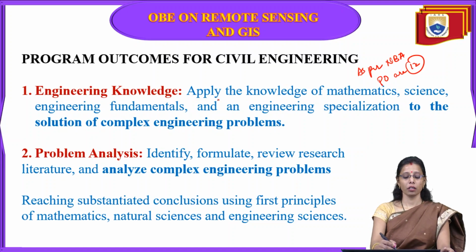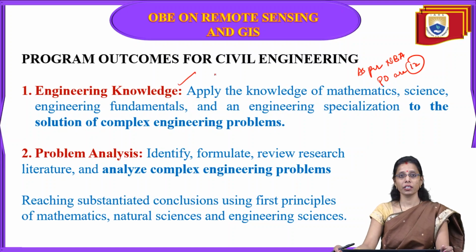The first PO here is engineering knowledge. This is the first PO out of 12. For whichever course is offered, we check whether engineering knowledge is applicable, because all the courses do not have similar engineering knowledge.